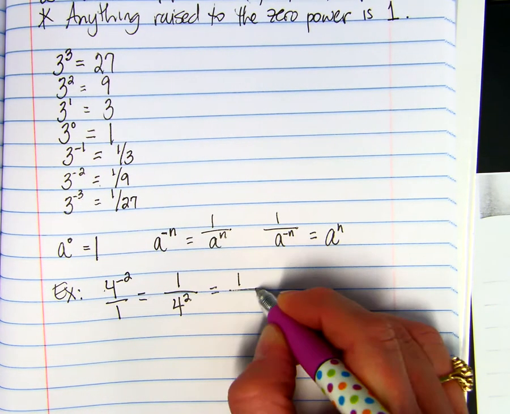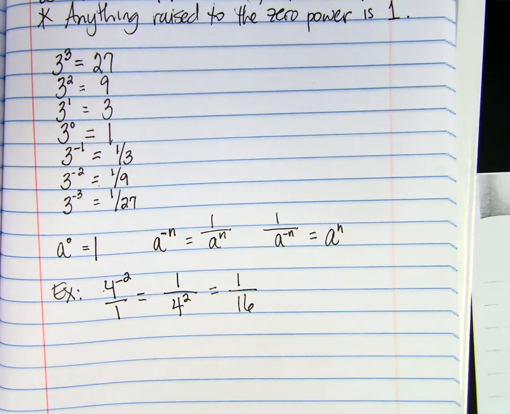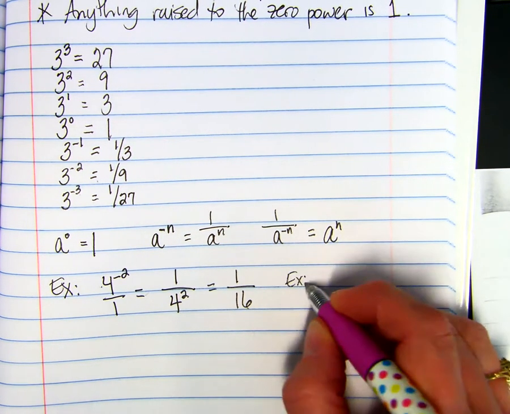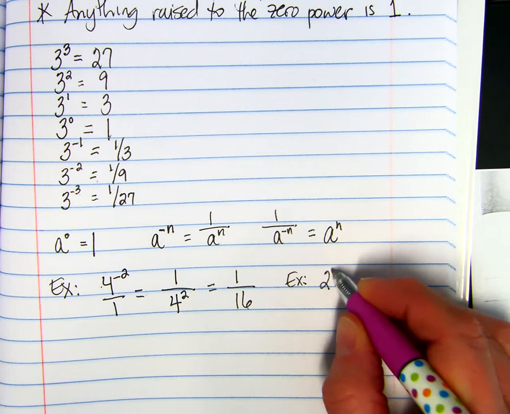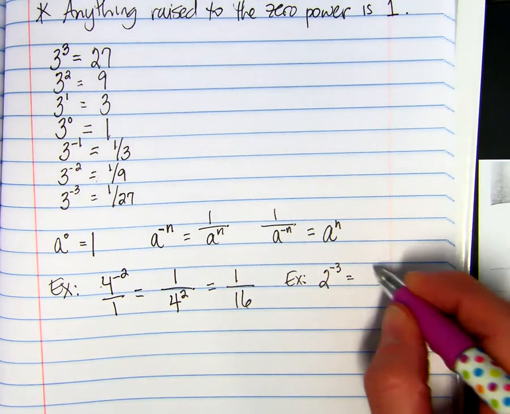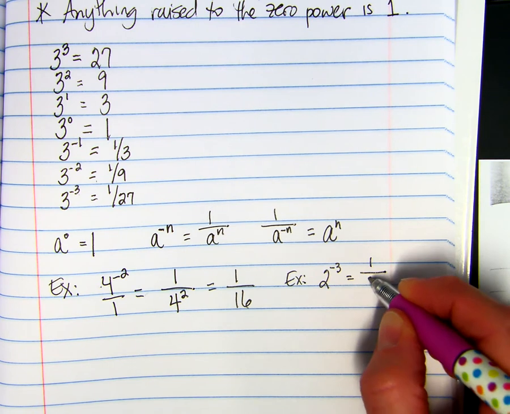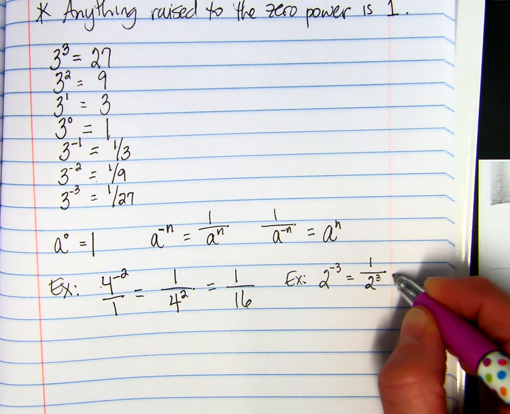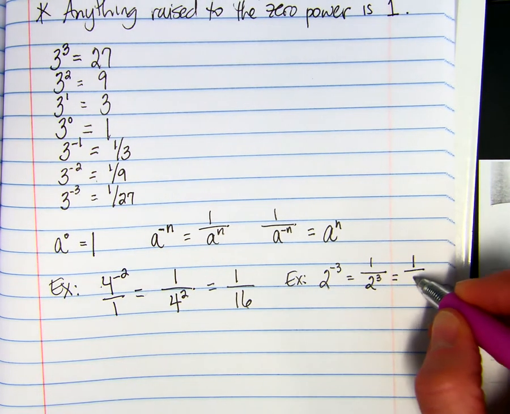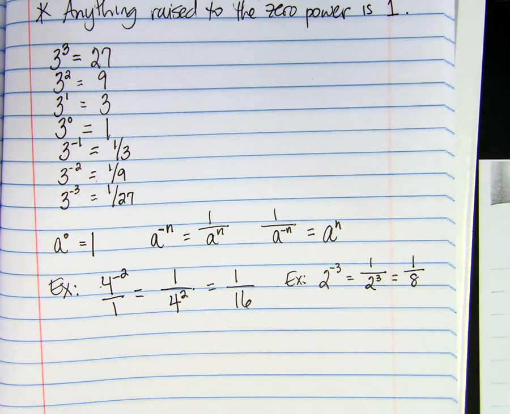So it is 1 over 16, or 1 over 4 squared, which is 1/16. Another example, if we had 2 to the negative 3, that is 1 over 2 to the 3rd, which is 1/8.